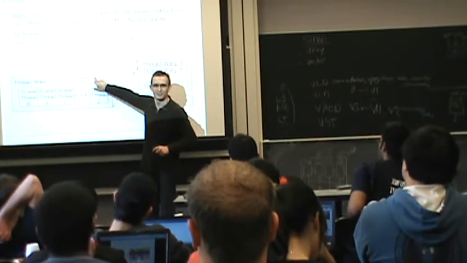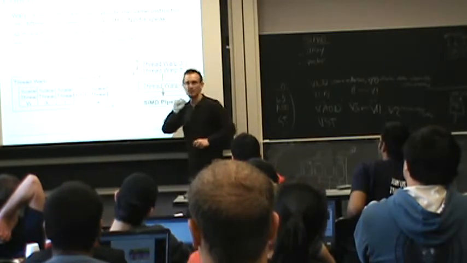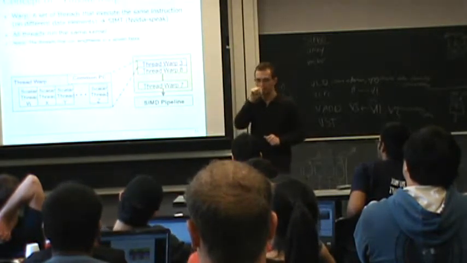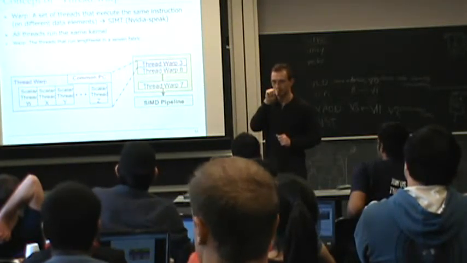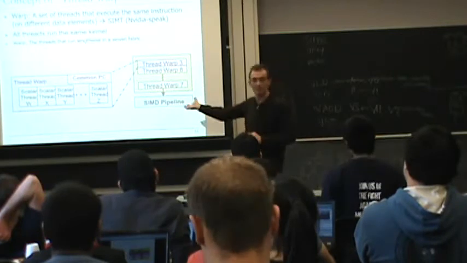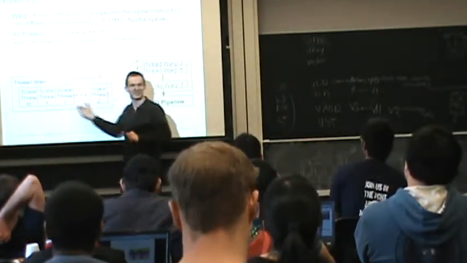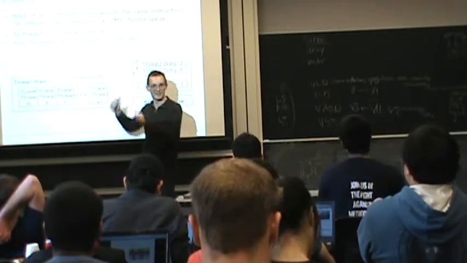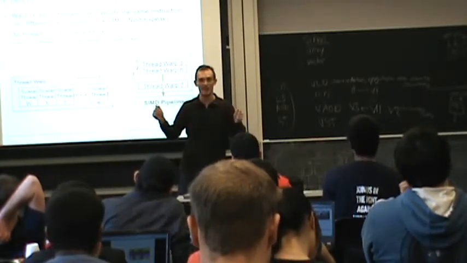Does that make sense? Doesn't that need a lot of machine? Yes, it's an array processor. That's why, exactly. Remember the array processor? Same operation on multiple data elements at the same time.